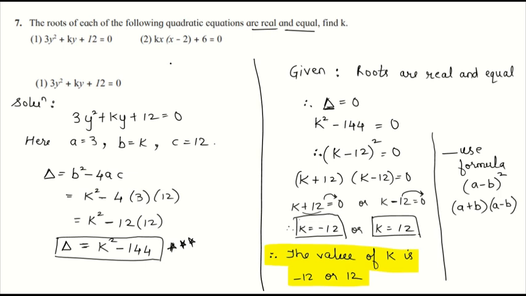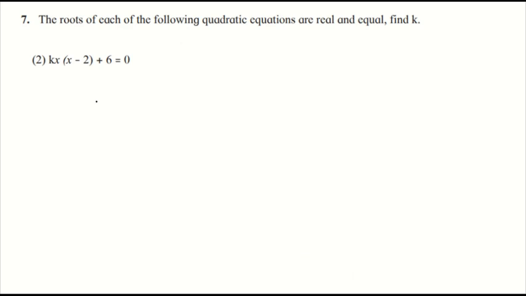Let's solve the next equation that is given: kx into x minus 2 plus 6 is equal to 0. What we will do here, first we will write the equation in standard form. So the equation is kx into x minus 2 plus 6 is equal to 0.